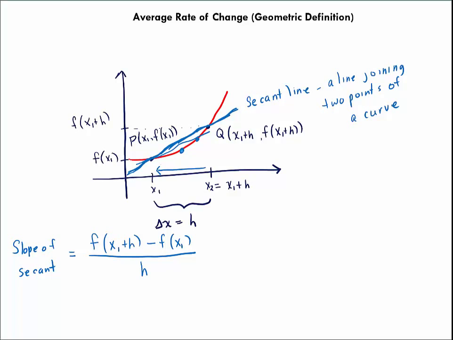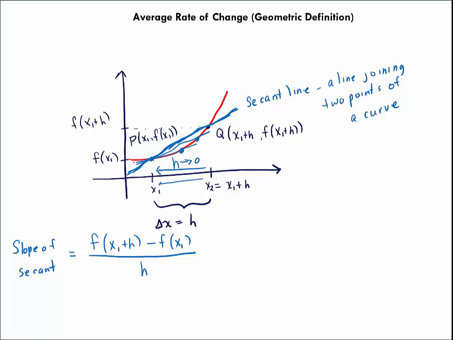I move it a little closer, now my line becomes that, to the point that I want to let my h approach 0, and you'll see it written like this with the arrow. As h is approaching 0, this distance is getting smaller and smaller and smaller.